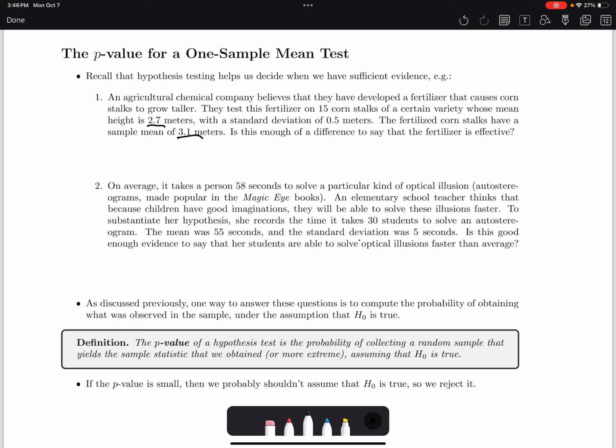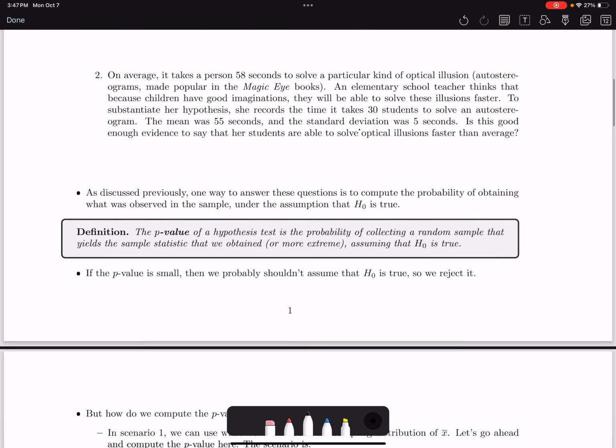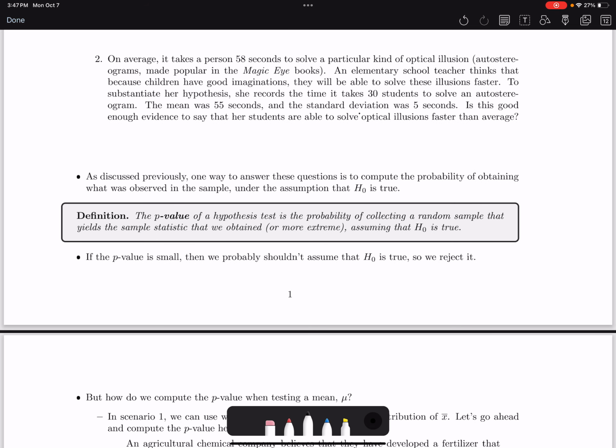To substantiate her hypothesis, she records the time it takes 30 students to solve an autostereogram. The mean was 55 seconds, and the standard deviation was 5 seconds. So once again, we see a difference. The question is, is this good enough evidence? Is this enough of a difference to say that her students are able to solve optical illusions faster than average?